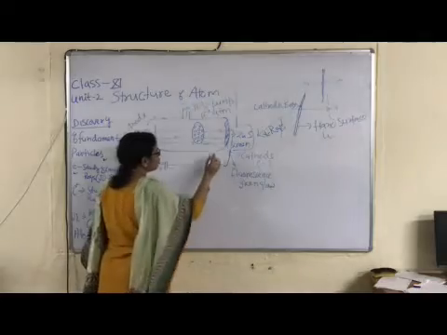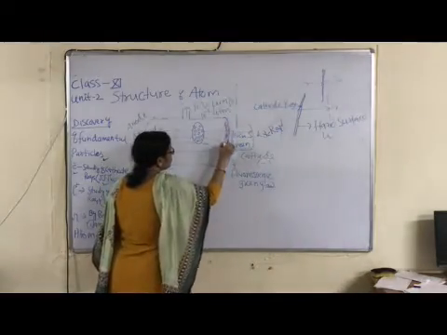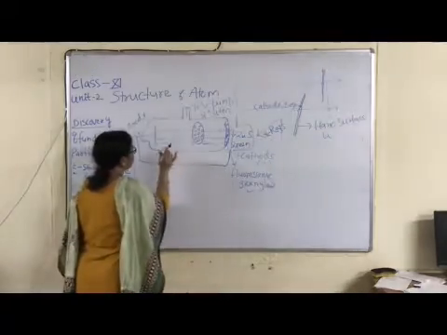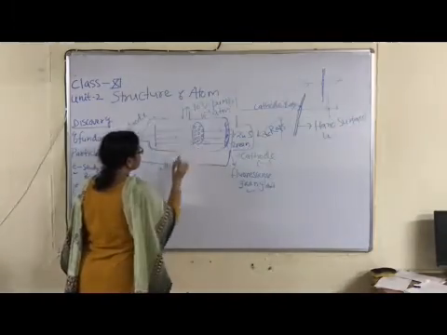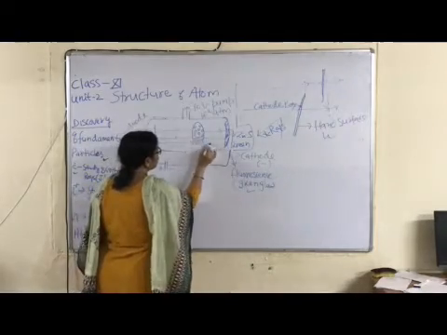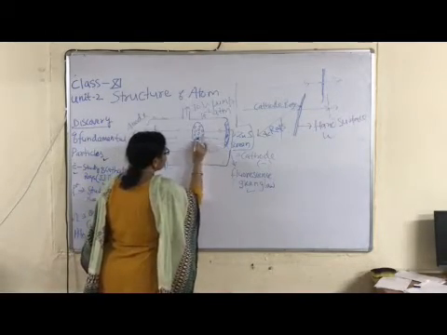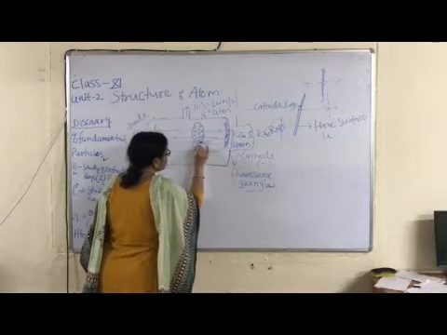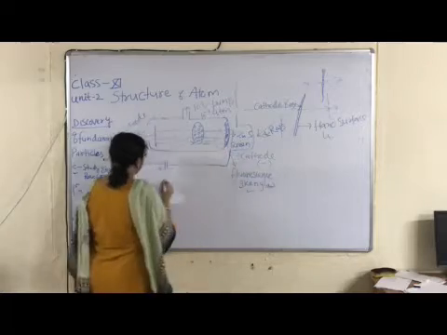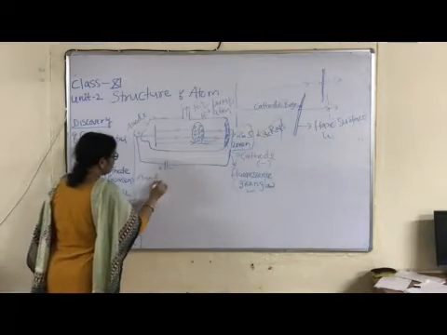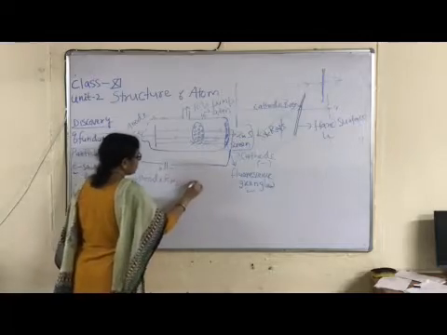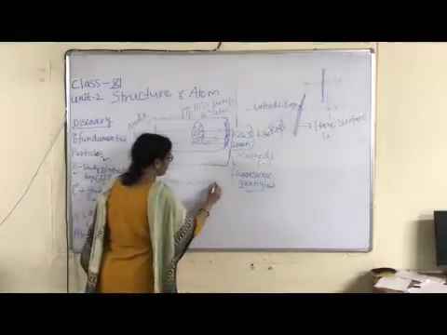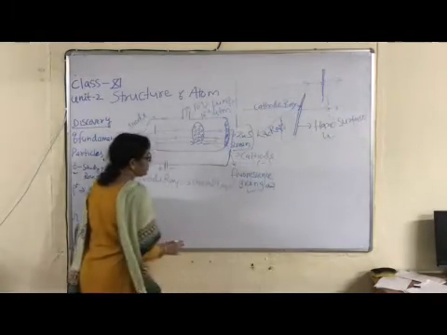Green, greenish blue, right? This screen glows in green color. This color depends upon the gas which is taken in the discharge tube. Okay children, due to this perforated cathode, anode rays appear like canals, right? On account of their appearance like canals, anode rays are also known as canal rays. This is an important feature, canal rays. Right children?